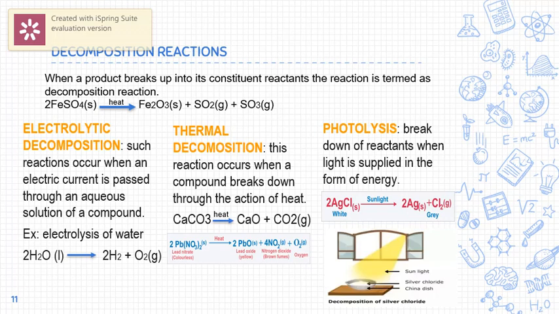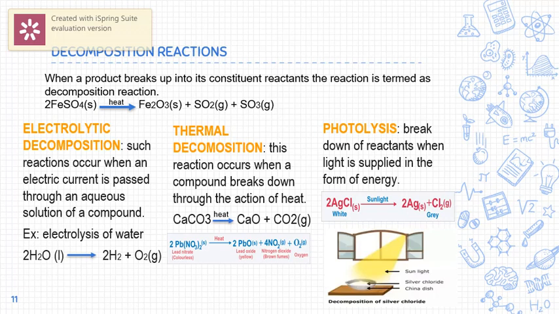For example, ferrous sulfate on heating gives ferric oxide, sulfur dioxide and sulfur trioxide. Here the question is how to decompose. By what energy? Normally we supply heat energy. So if you supply heat energy and decompose, that comes under the thermal decomposition, or it is also called thermochemical reaction.